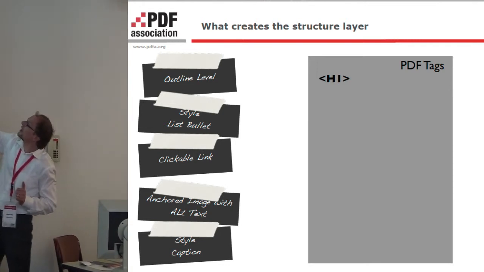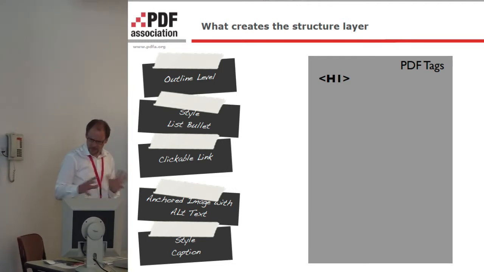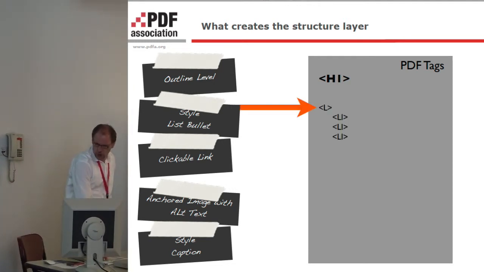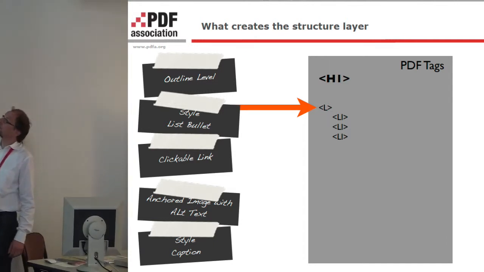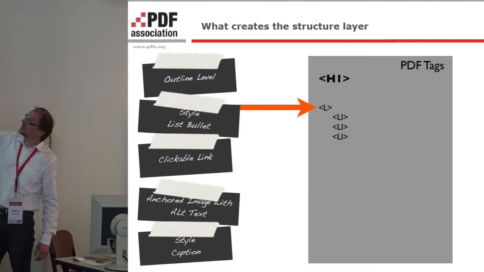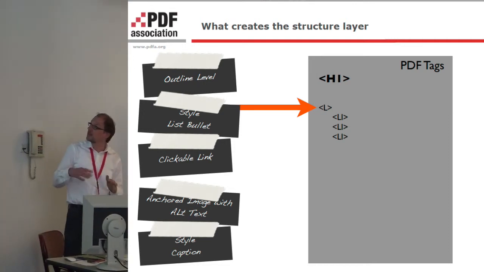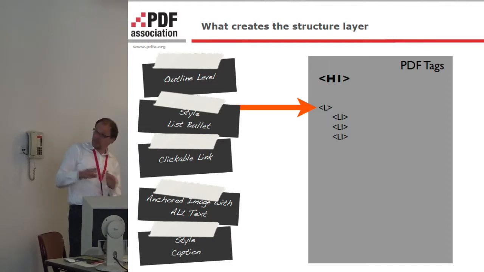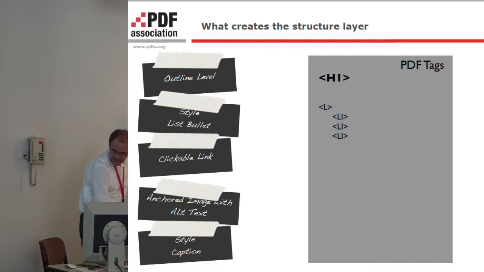And this layer I call the structure layer, and on the structure layer the labels will become tags. From the outline level, the heading 1 tag. From the style list bullet, there will be created a whole tag tree, small tag tree, because the list is a leveled element. So you get some tags out of it.